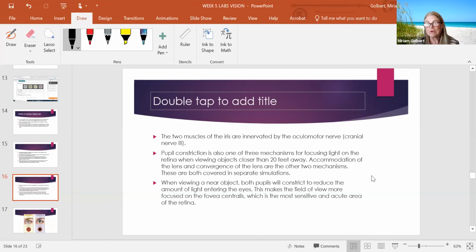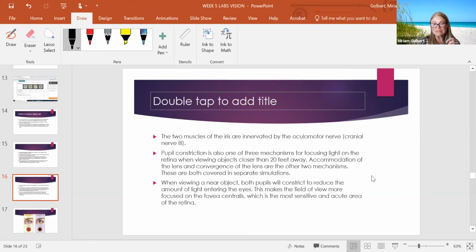So again, when you are looking at things 20 feet or closer, your accommodation works also with the pupillary reflex because you want to make sure that you have the right amount of light entering the eye and that you're focusing on that part of the retina, which is the fovea centralis, right?